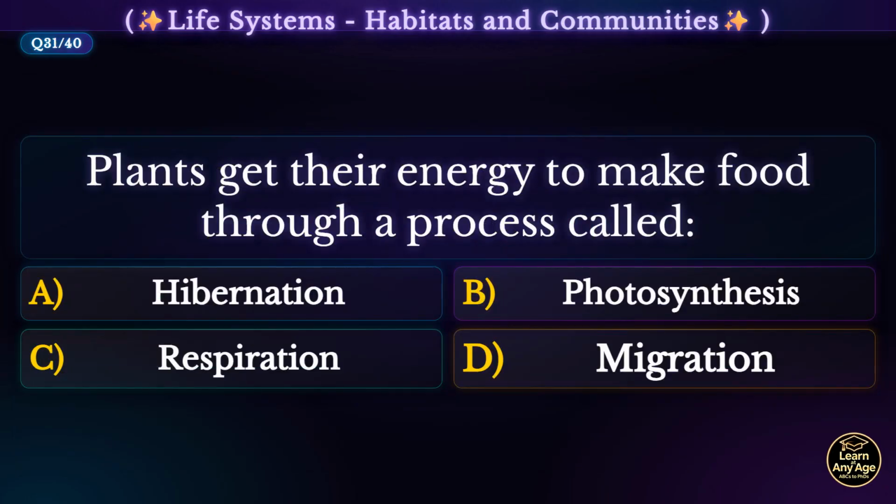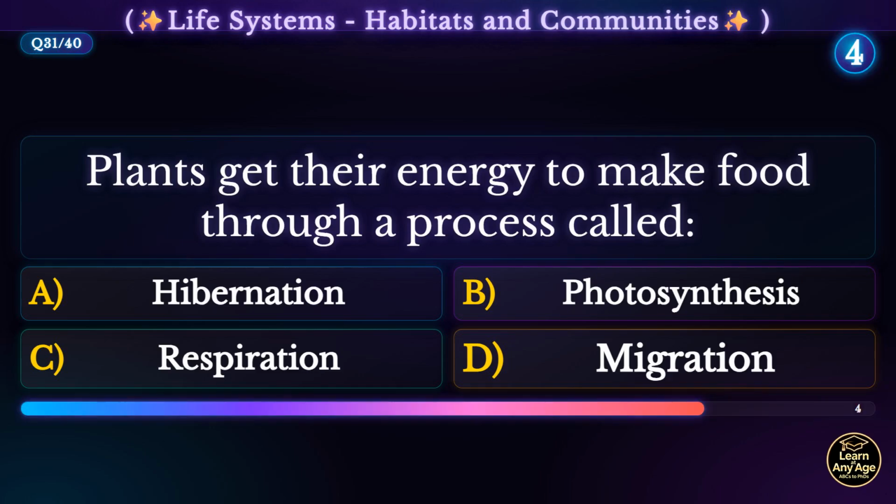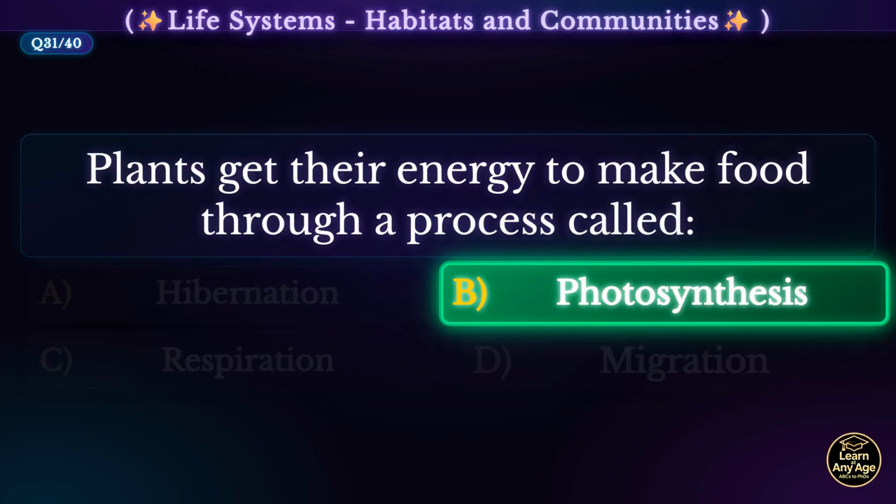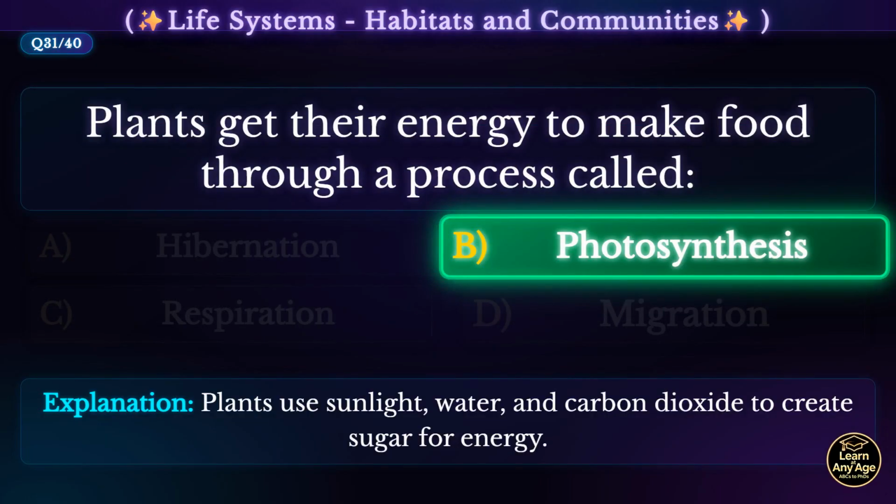Plants get their energy to make food through a process called hibernation, photosynthesis, respiration, migration. Photosynthesis. Plants use sunlight, water, and carbon dioxide to create sugar for energy.